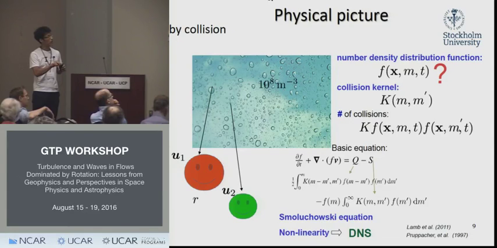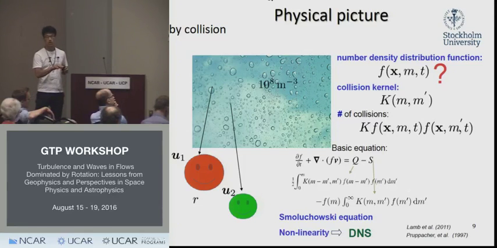Here we have a half because we don't want to count the collision twice. And here's the sink, because when 2 cloud droplets collide with each other, they will disappear and form a larger one. So here we have a sink term.